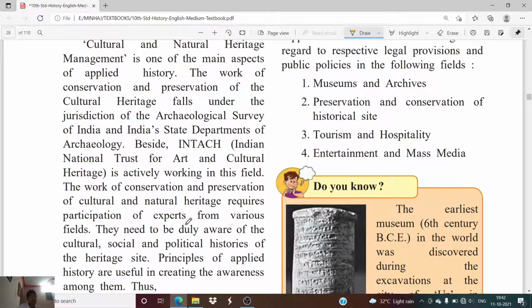They need to be duly aware of the cultural, social, and political histories of the heritage site, and the principles of applied history are useful in creating the awareness among them. So definitely, if we want to preserve the historical site, we must have the knowledge of history, and this knowledge of history is provided by the field of applied history.